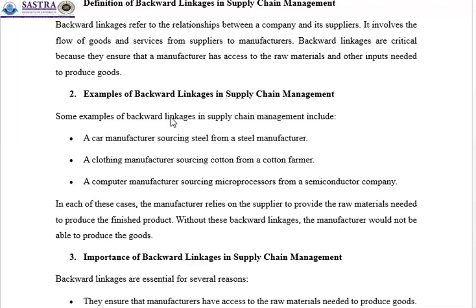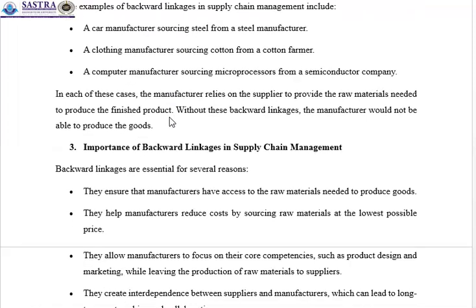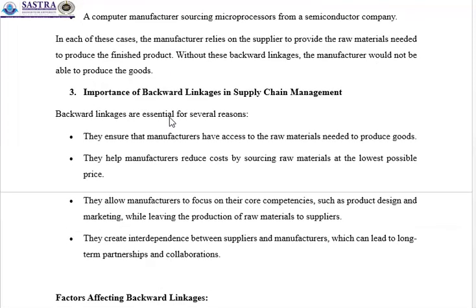In each of these cases, the manufacturer relies on the supplier for the raw material supply. Now, the importance of backward linkage in supply chain management. There are several reasons or factors which influence this backward linking of the supply chain.